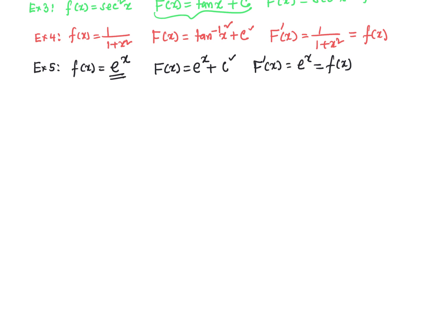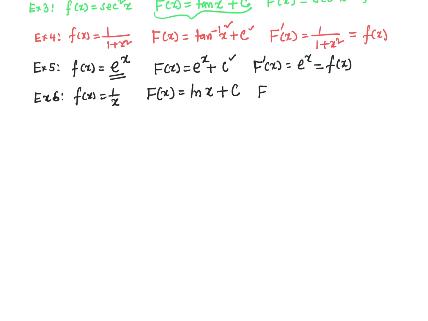So the antiderivative of the exponential function, e to the power x, is the function itself. And I could give you another example involving exponential and logarithm. Let's say my f of x is equal to 1 over x. Then my uppercase F of x is going to be equal to ln of x, or natural log of x, plus c.